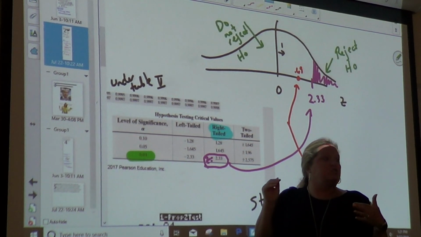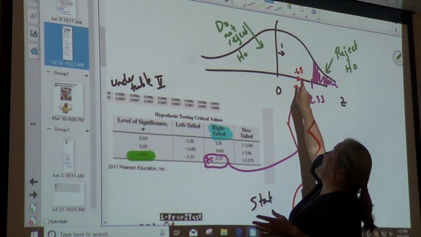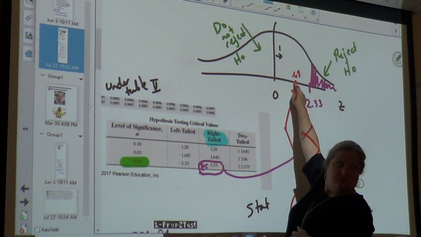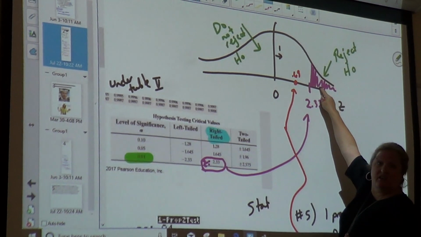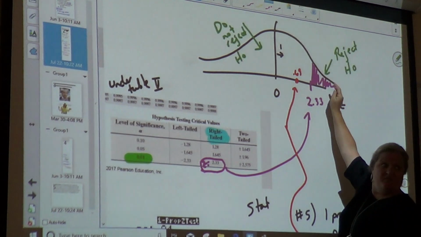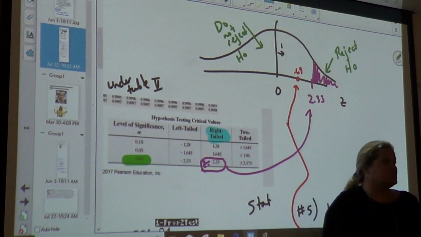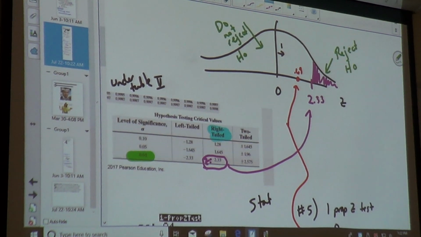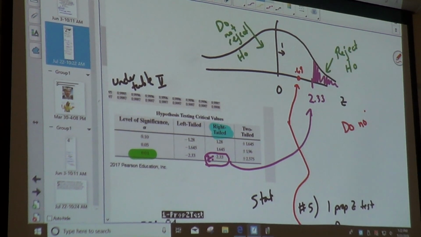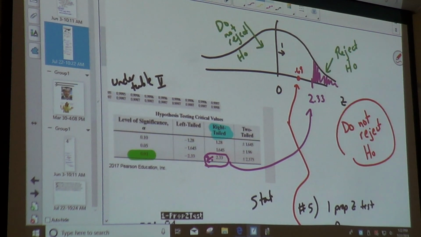So am I going to reject or not reject? I am not going to reject it. If I calculated it and it was a 3, then I would have rejected it. So if it's in the shaded region, you reject it. If it's not in the shaded region, you do not reject it. So for this problem, we do not reject the H naught.